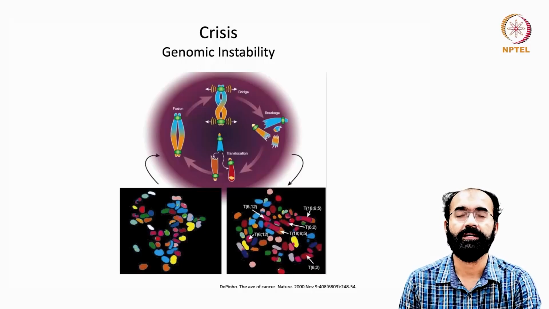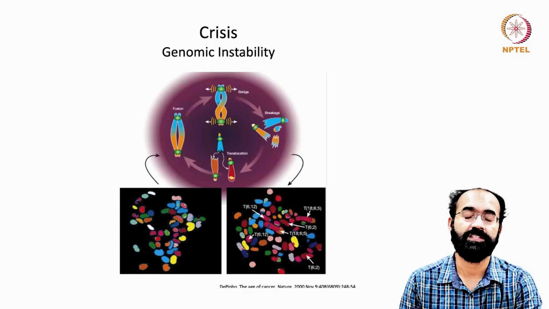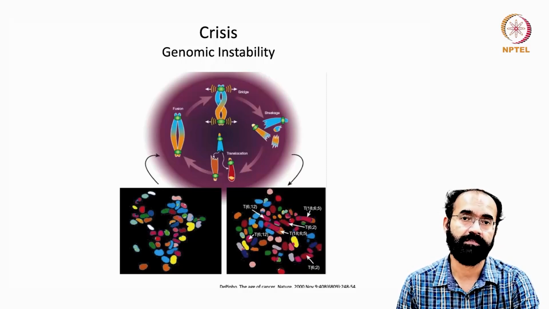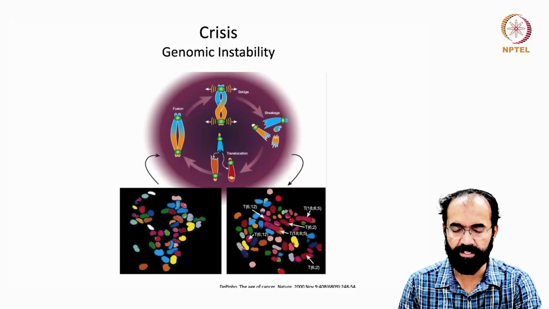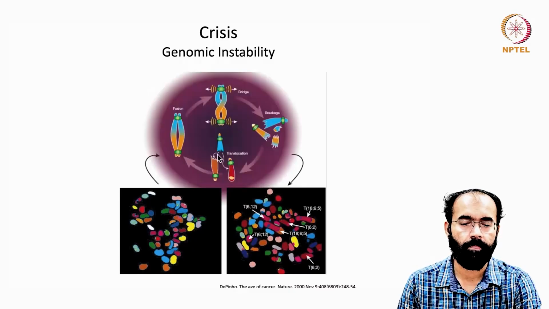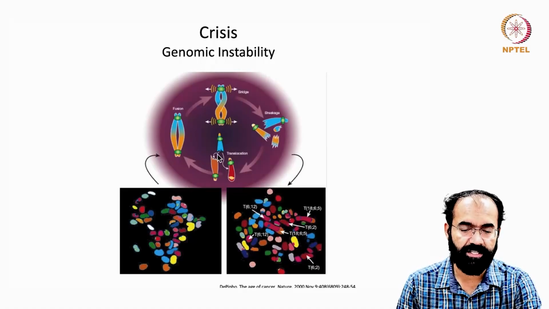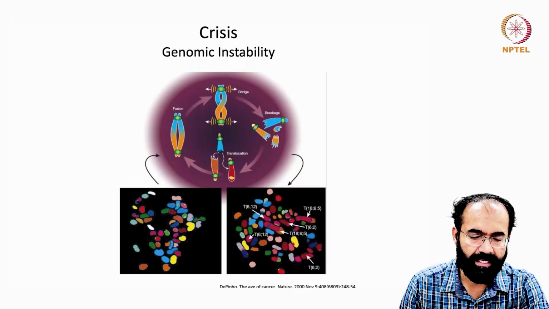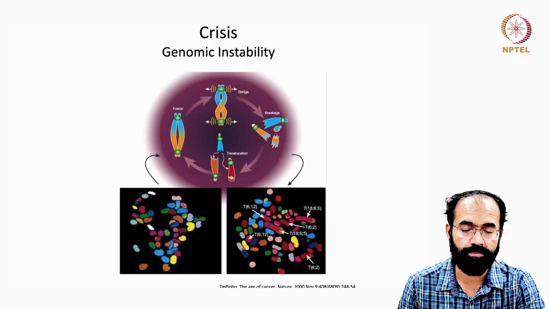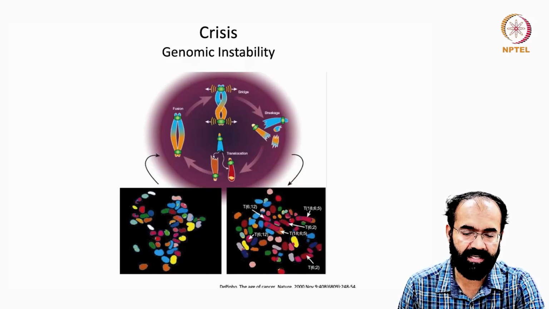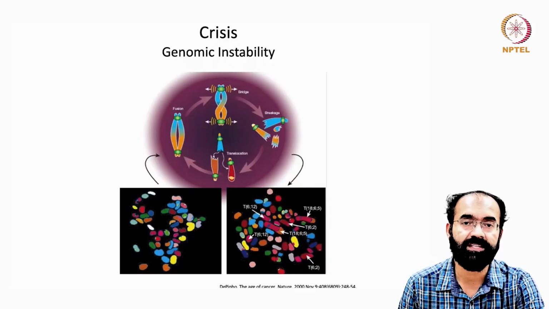But that's okay, because another cell which is not so bad will prevail. So this will continue for a longer time. At the crisis stage, this will continue, and you eventually end up with chromosomes in fragmented pieces here and there, like you can see here.